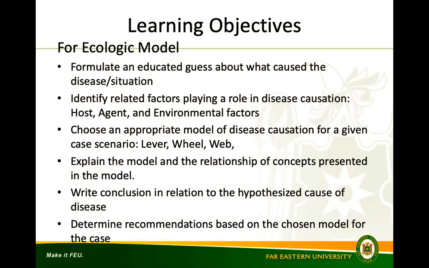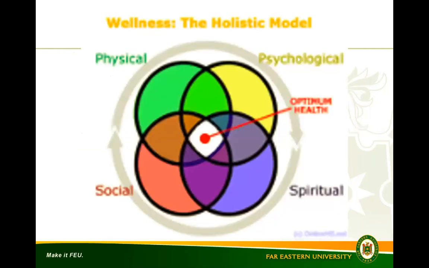So those are the expected outcomes from this learning session. Now let's talk about the holistic model or the wellness model. The holistic model explains the concepts of the physiological, mental, emotional, social, spiritual, and environmental aspects of the individuals and communities.